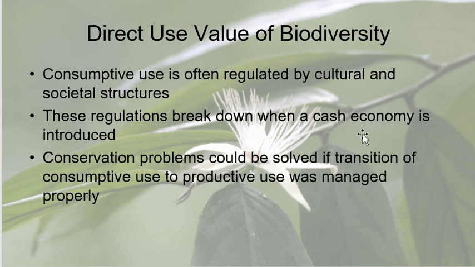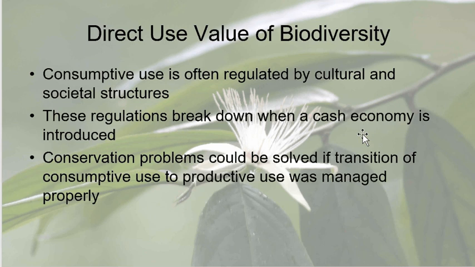This consumptive use is often kept under control, and it doesn't unsustainably harvest products and therefore put biodiversity into problems. So this consumptive use is often regulated by cultural and societal structures.